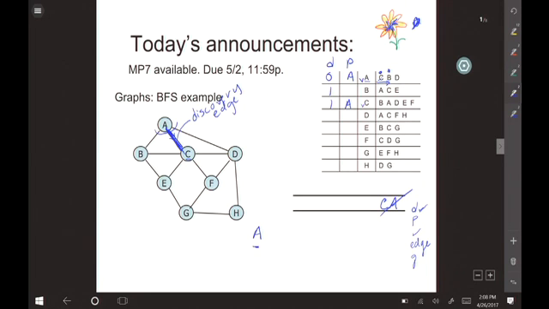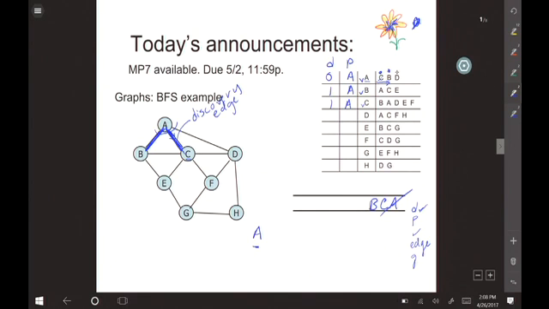A is still our current vertex. Its predecessor is A. It is visited. We mark the edge between A and B as a discovery edge, and we put B on the queue. Any questions about it? Now we're done with B.